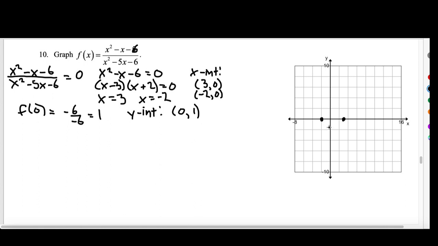And then 0, 1 is right there. All right, so next step would be to identify any asymptotes.